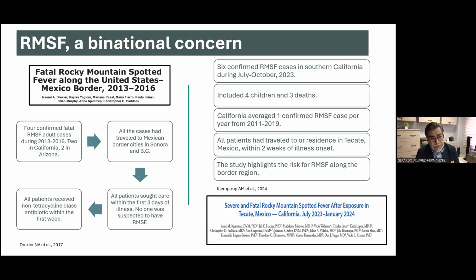So this could be a really important matter for practitioners on both sides of the border.